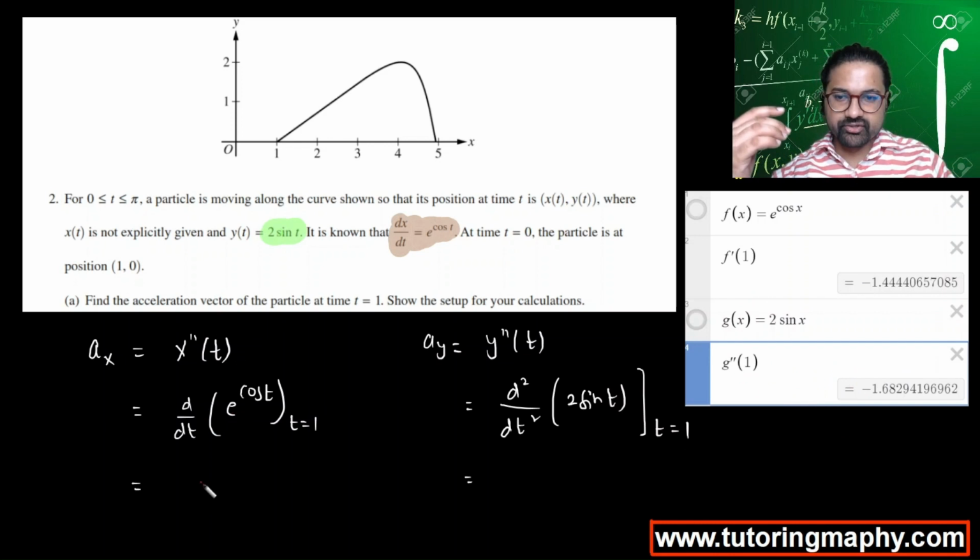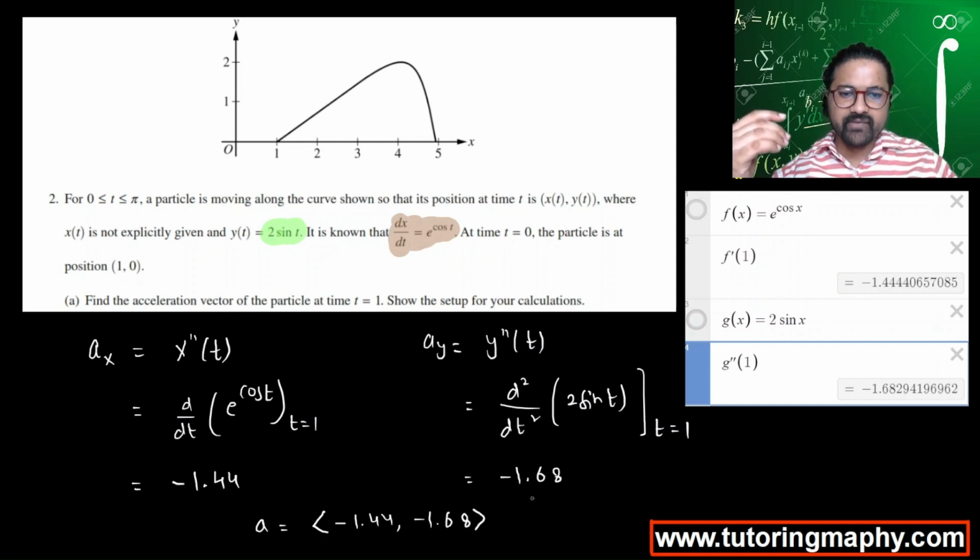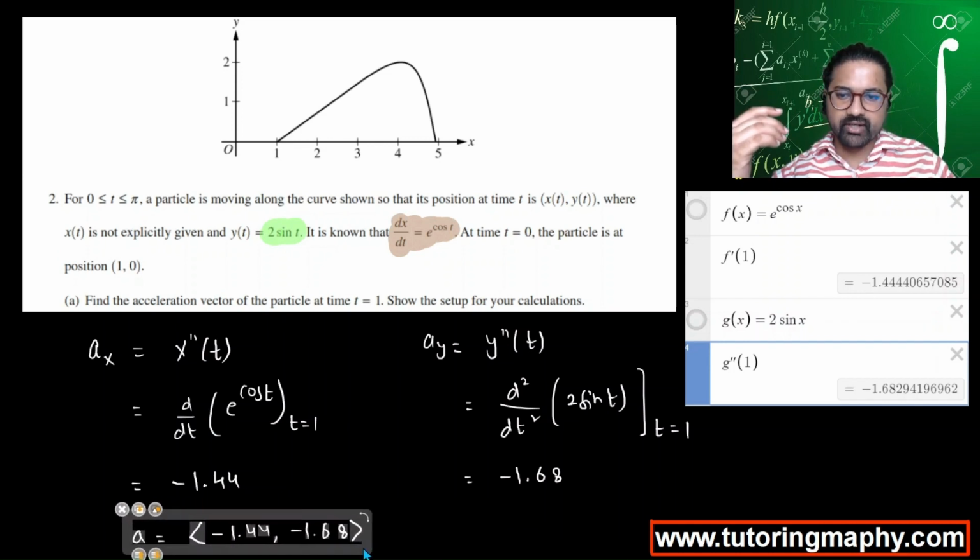So the acceleration is going to be negative 1.44 and negative 1.68. So I'm going to write that the acceleration vector in vector form is going to be negative 1.44 comma negative 1.68, either like this, or if you're a big fan of i hat and j hat, you can also write it like that.